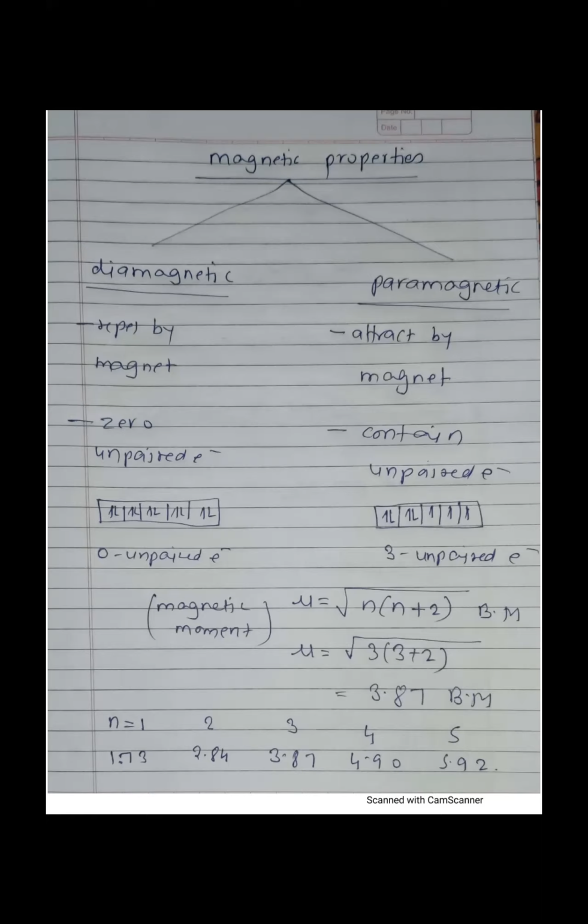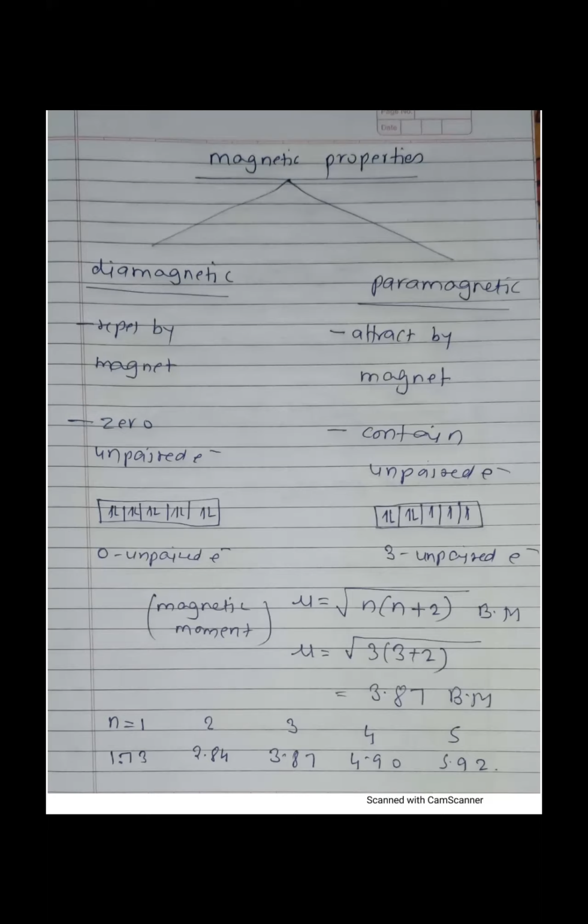Now, moving to paramagnetic, paramagnetic substances will contain unpaired electrons. If I am talking about nickel, that is 3d8.